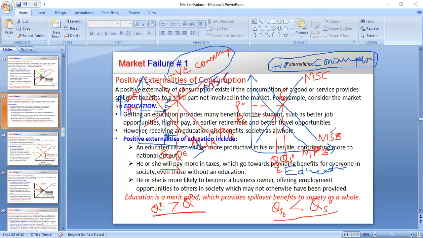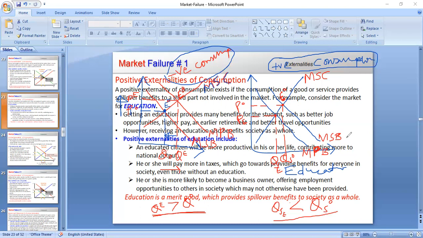Now, when we talk about the marginal social benefit, in this perspective of education, right? When citizens of a country are educated, what are the advantages of people being educated? So let's look at the advantages of citizens being educated, which is what we call the marginal social benefit.